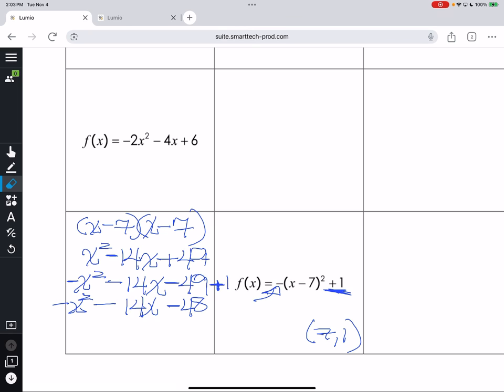So for our standard, we're going to have a negative 1 outside, and we're back to positive x squared. Hold on, I didn't do my signs. So this is minus 14x. And then this will be minus 48.